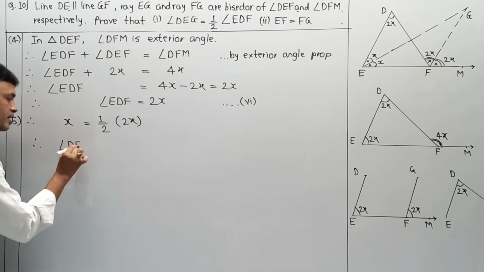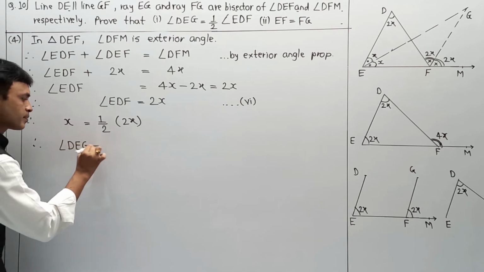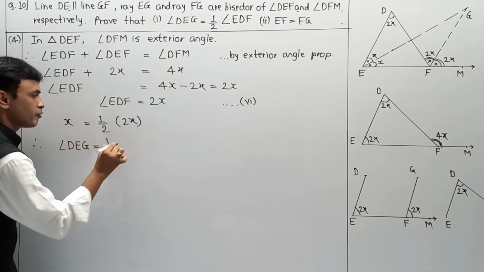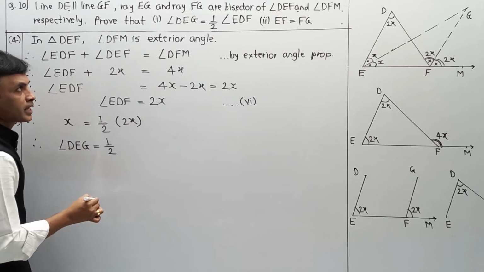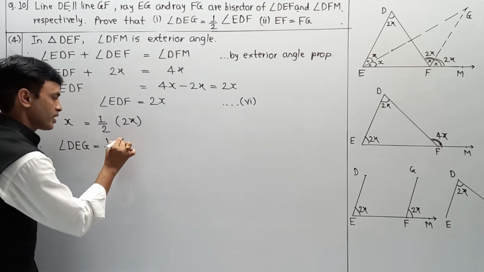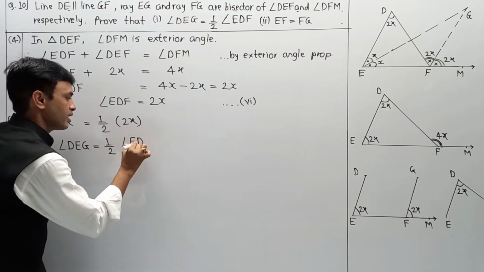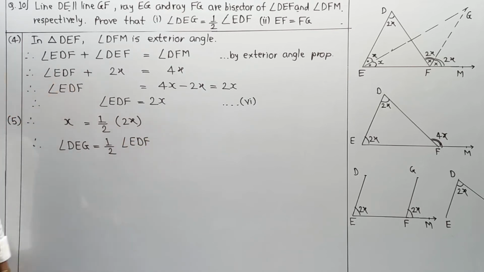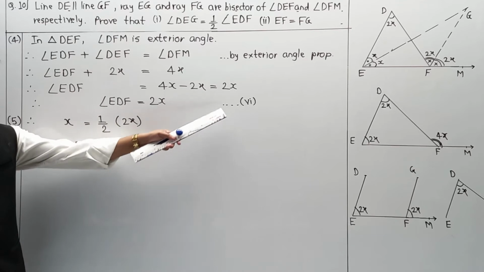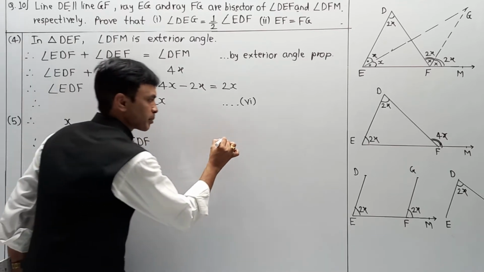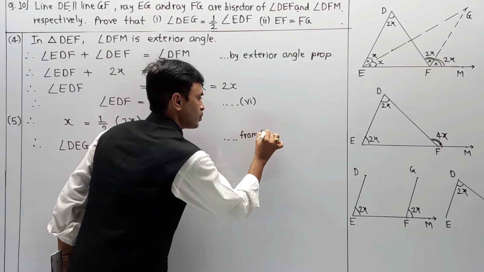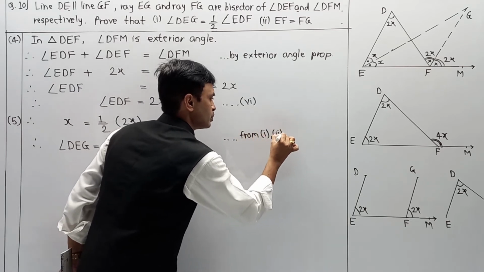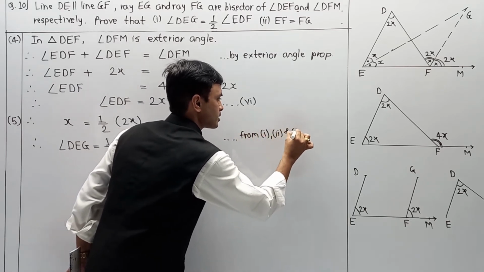Angle DEG is half of 2x and 2x is nothing but angle EDF. And we have taken this from references 1, 2 and 6, so I am writing the part from 1, 2 and 6.